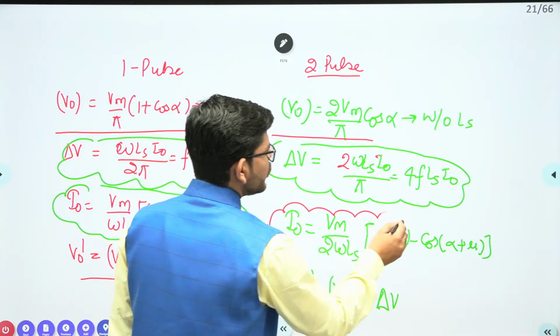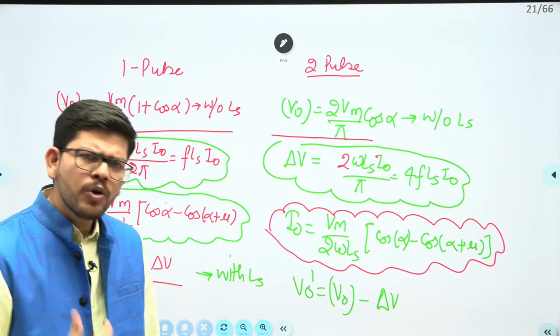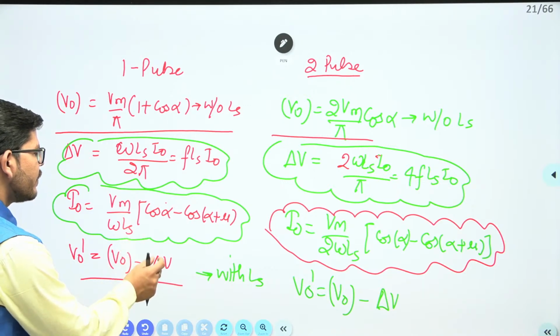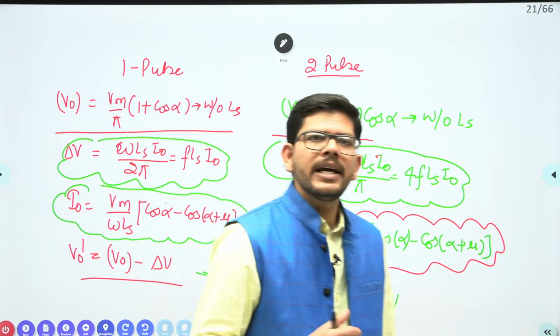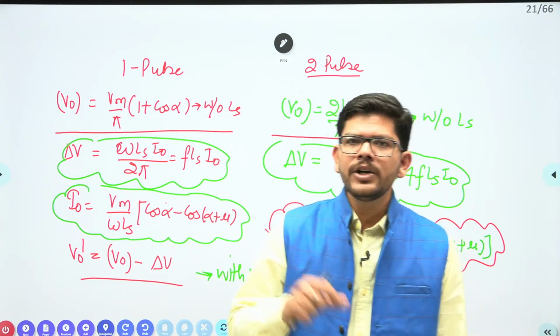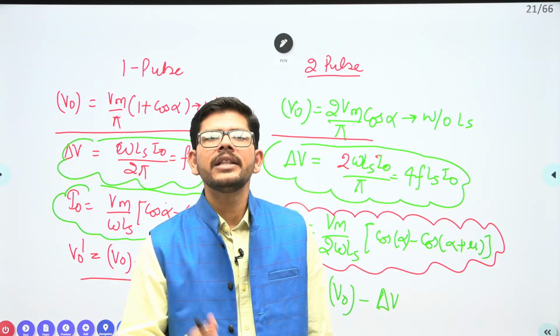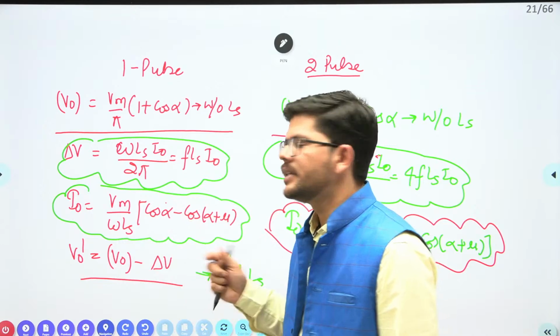The new voltage you can calculate by subtracting the reduction factor from the old voltage, because when you take the effect of source inductance into account, there is a net reduction in the output voltage.